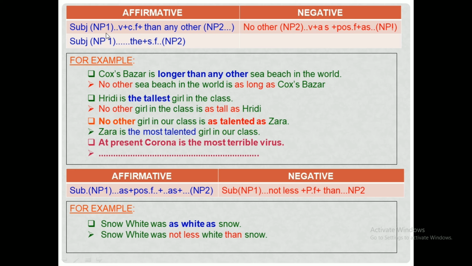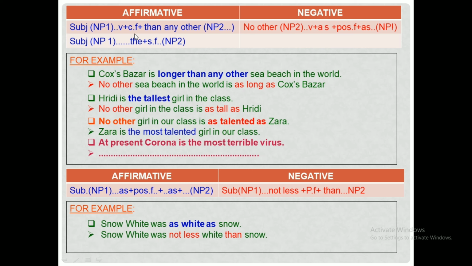Usually, there are 2 nouns or pronouns which are compared. So, the first noun or pronoun is NP1 and the second noun or pronoun is NP2. Then, the comparative form of the adjective and adverb, and then any other, then NP2.